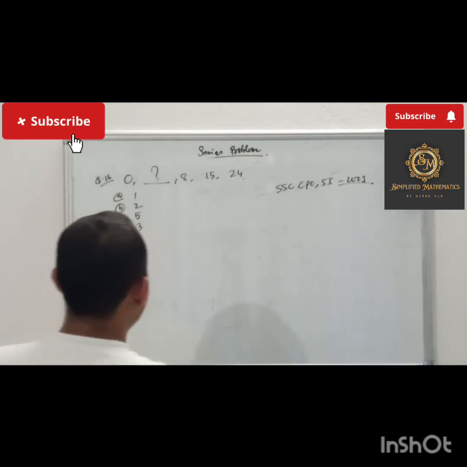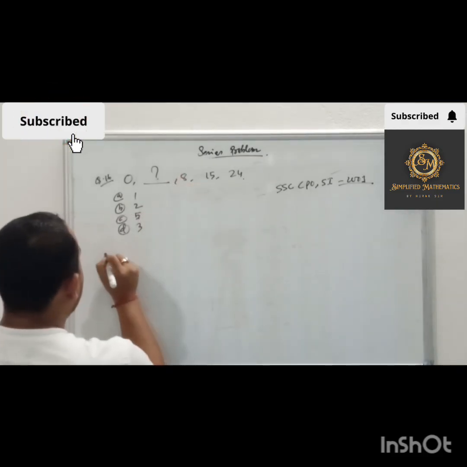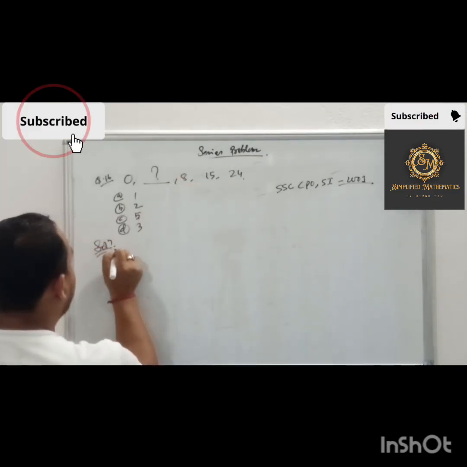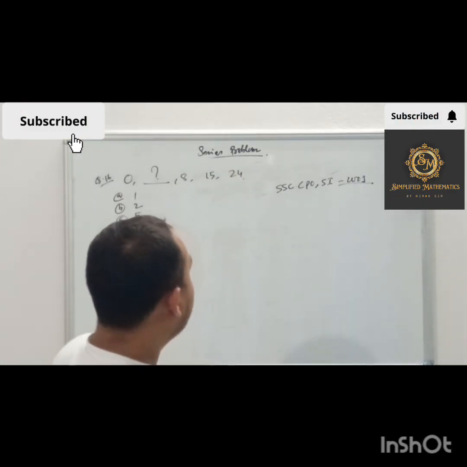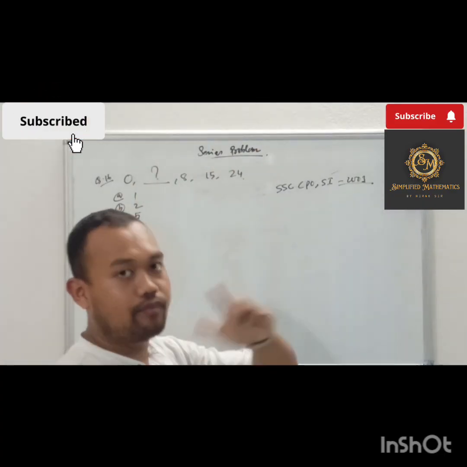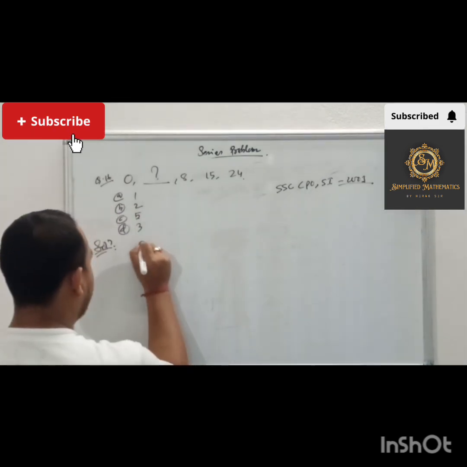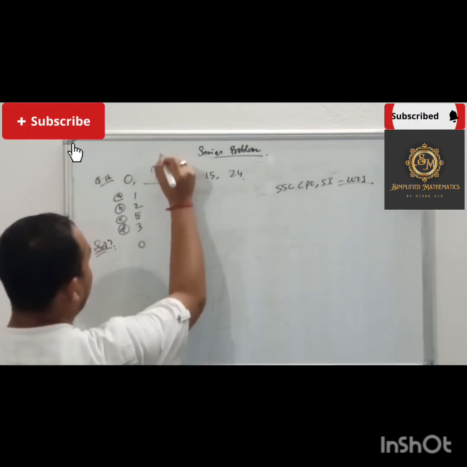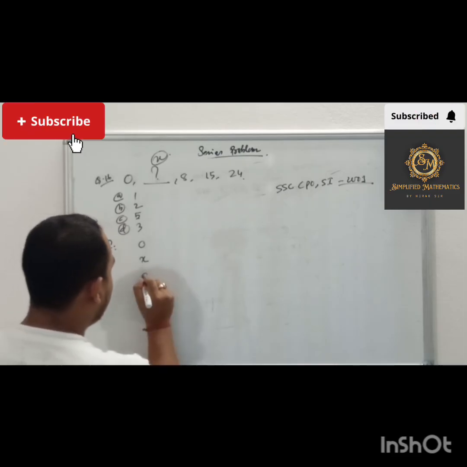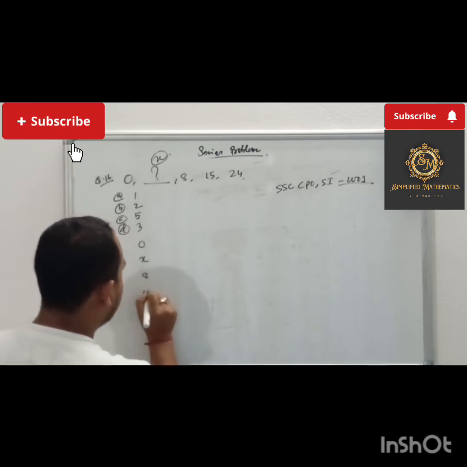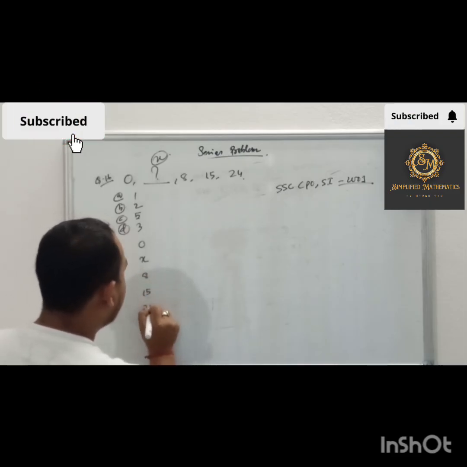So now you see, again I'm saying, whenever you are interested in finding some relation in a series problem of numbers, in that case you will write the numbers. See, we don't know, so you write X here. In the next number we have 8, the next number we have 15, then 24.